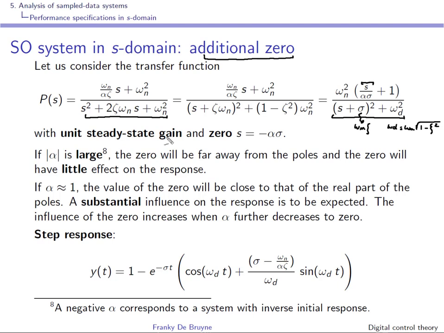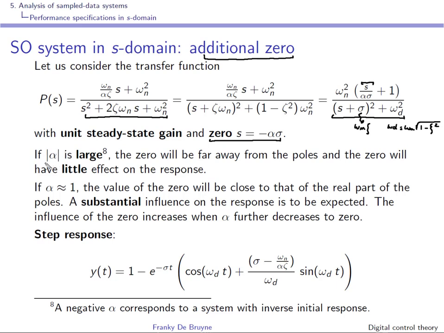The steady state gain can be obtained by considering s equal to 0, right? If you consider s equal to 0, it's easiest to see it over here. We see that we still have a unit steady state gain, and we now have the presence of this 0 in minus alpha sigma.